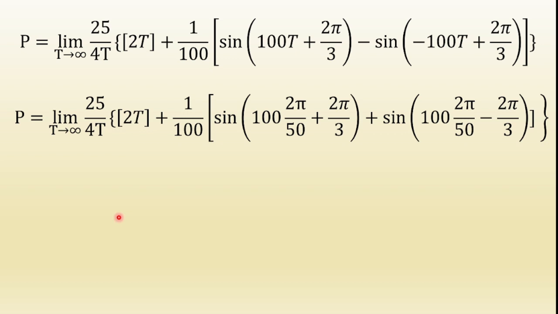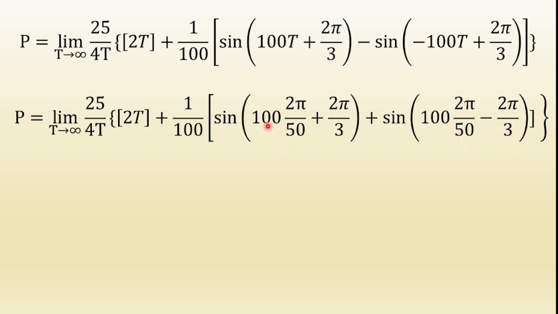P is equal to limit T tends to infinity, 25 by 4T into 2T plus 1 by 100 into sine of, but the fundamental time period capital T is 2 pi by 50, and substitute capital T value here: 100 into 2 pi by 50 plus 2 pi by 3, plus sine of 100 into capital T, which is 2 pi by 50, minus 2 pi by 3.